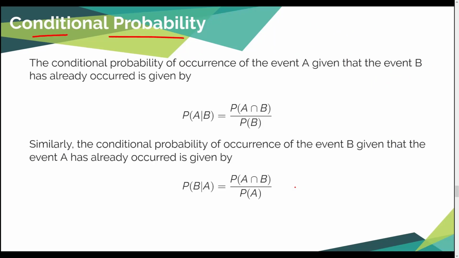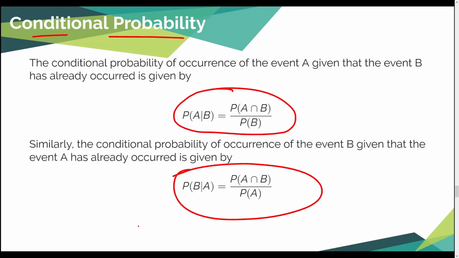Now, what is the formula to calculate them? The formula to calculate conditional probability of A given B is probability of A intersection B divided by probability of B, right? Similarly, the probability of B given A is equal to probability of A intersection B divided by probability of A, right?